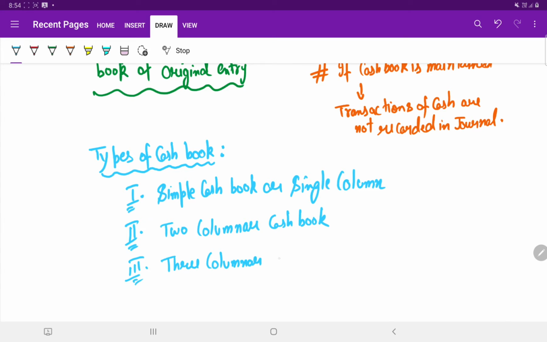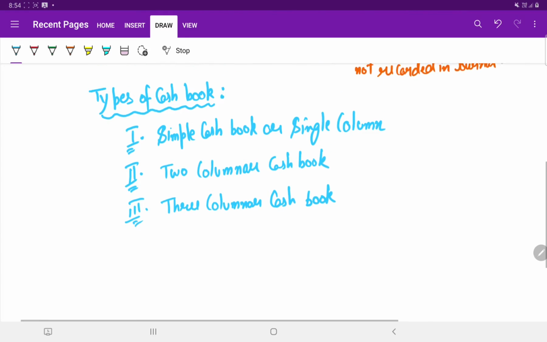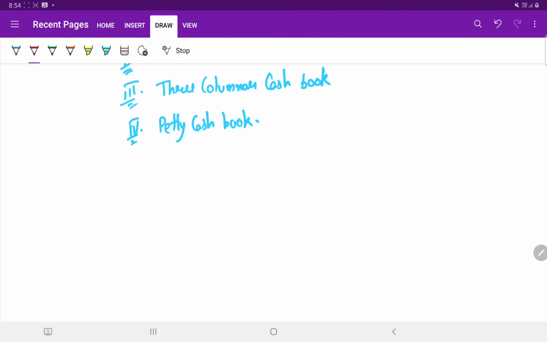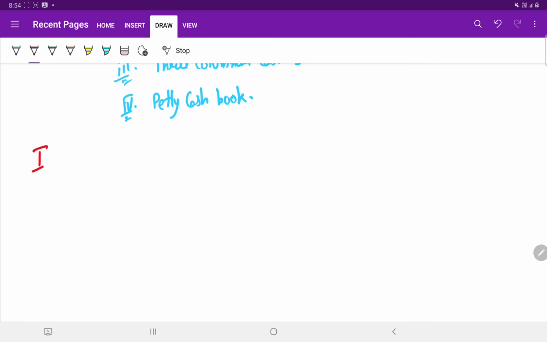It is having three columns in it. And finally a miscellaneous cash book for miscellaneous entries known as petty cash book. So it is somewhat different from these column cash books. So now let us start one by one, starting from the single column cash book.